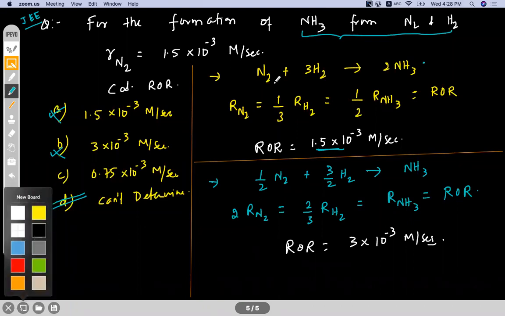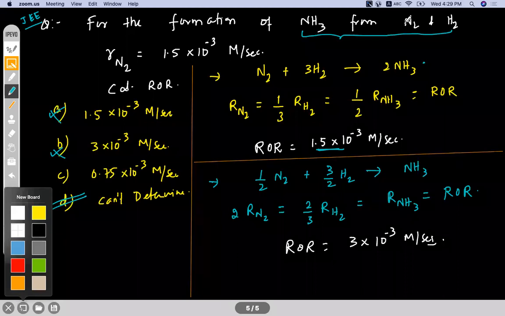Sir, could you repeat that previous sentence? Which one? The last point. Yes. The last point was, I'll repeat this: but the rate of any individual species, we can determine without knowing the rate of the reaction.